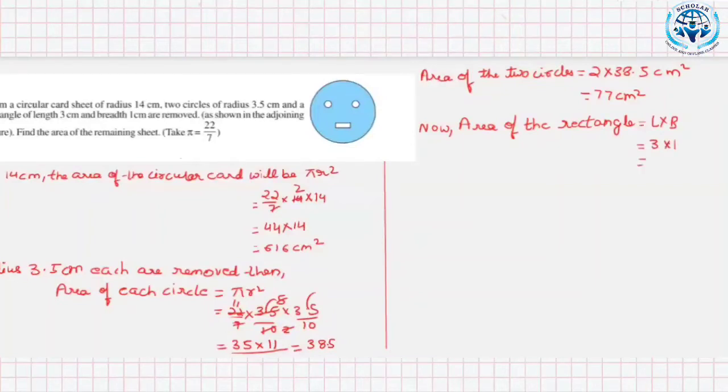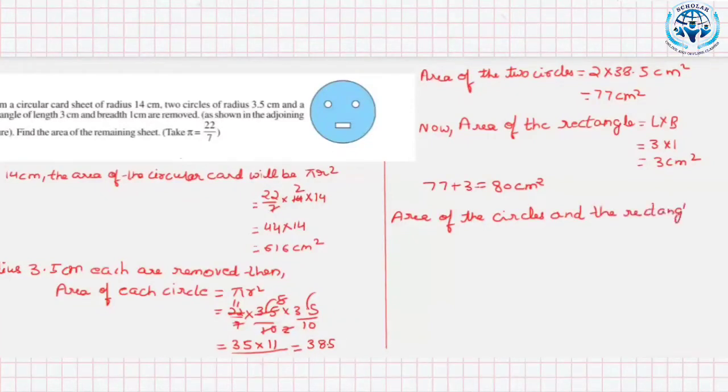Now area of the rectangle is length into breadth is equal to 3 into 1 is equal to 3 centimeter square. The total area of the removed portion is 77 plus 3 is equal to 80 centimeter square. This area will be subtracted from the total area.